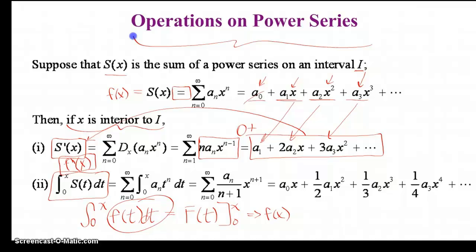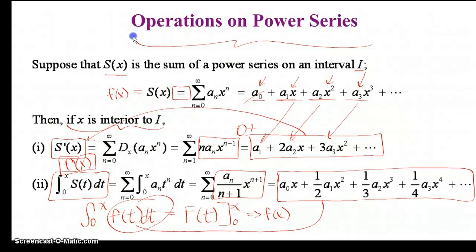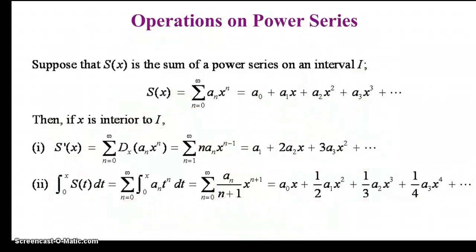But whatever we do to our function, we also do term by term to all of the terms in our power series. And if we do that same operation, then we're guaranteed that this will be the power series for that resultant function, or that resultant function will be the sum of that new power series. So let's look here term by term.